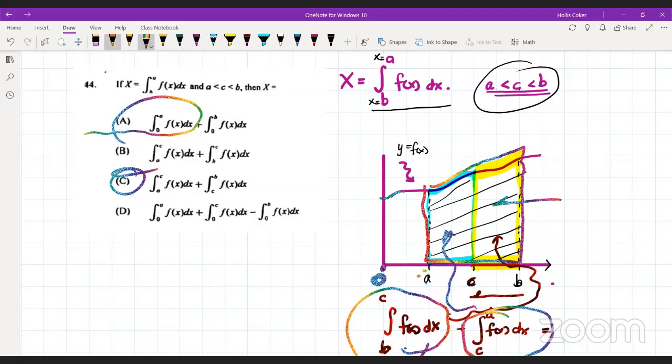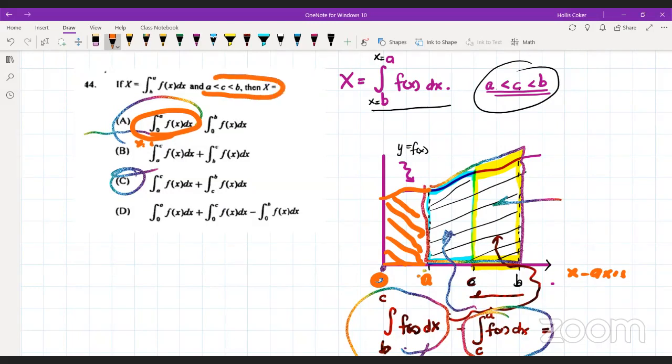Right, that area there is from x equal to 0 to x equal to A, on the x-axis here. I find the area bounded under the line y equal f of x from x equals 0 to x equal A. That has nothing to do with what we want to find. We want to find the area going from A through C up to B. Look here, A to B.